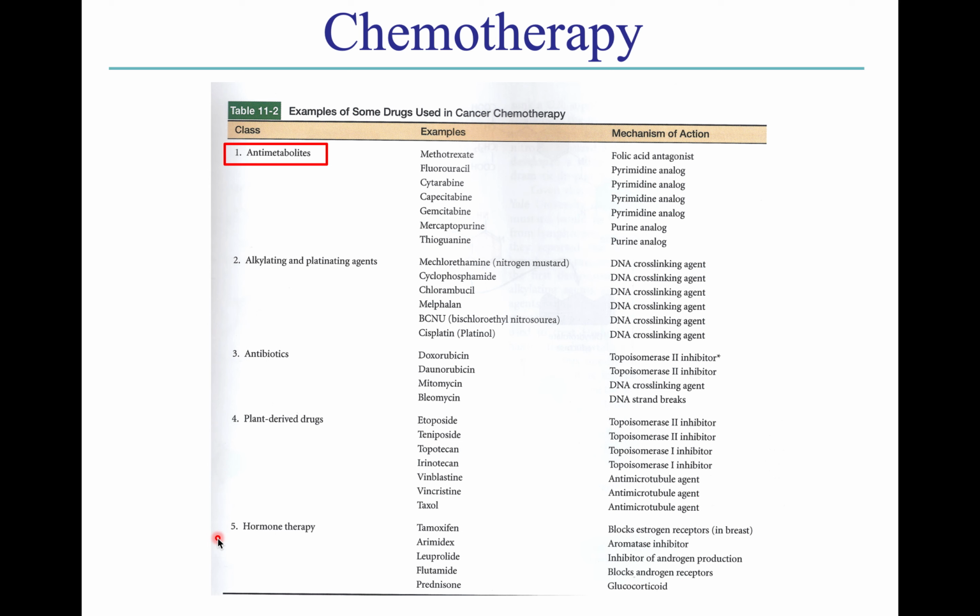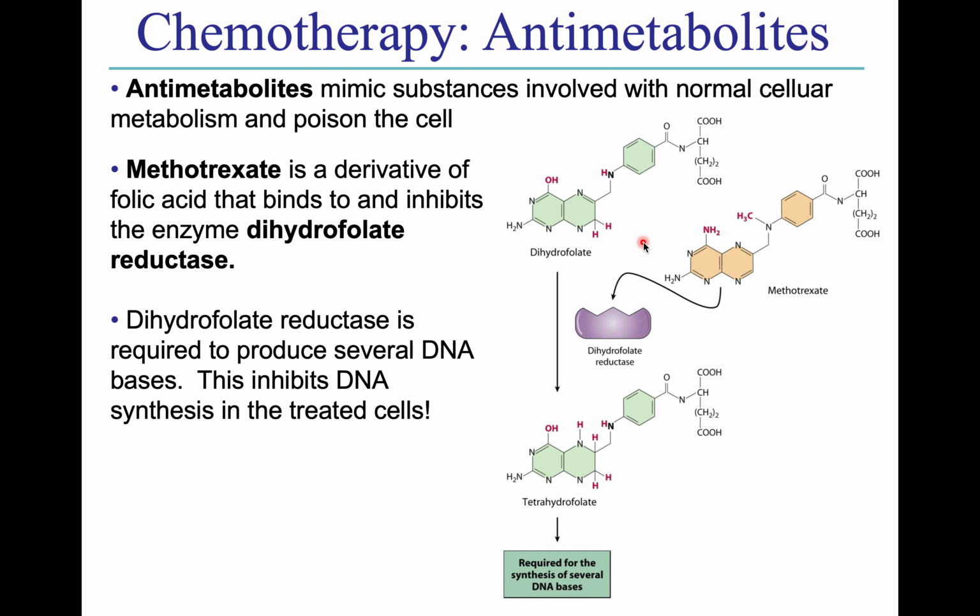And we'll start with anti-metabolites. And you see in the table here, the majority of these are pyrimidine or purine analogs, which would basically act to block DNA replication. And so a lot of these would be considered anti-metabolites.